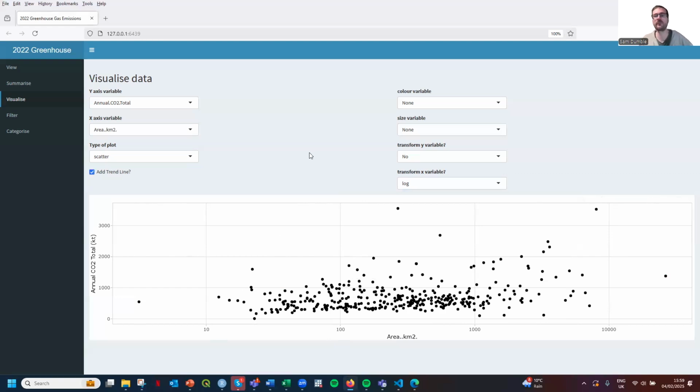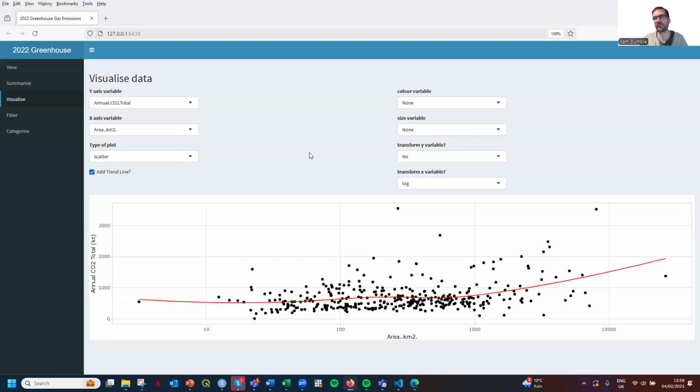I can again overlay my trend line. And as part of the exploratory process, it's a good idea to use trend lines which are a kind of smooth trend, a moving average trend, rather than a quantified linear model or quadratic model, just because that helps you to understand the nature of the relationship, again, in a slightly more objective way, rather than overlaying, is it a linear straight line?